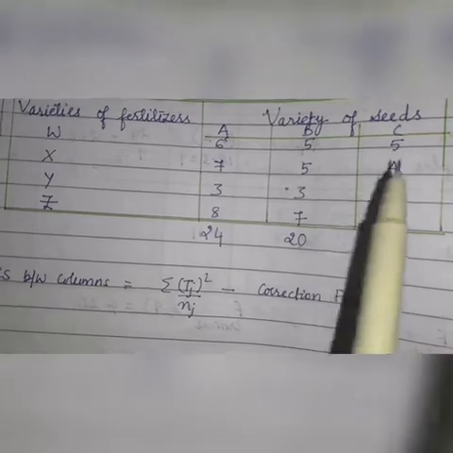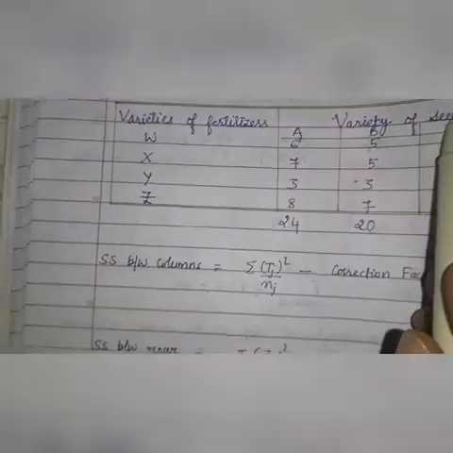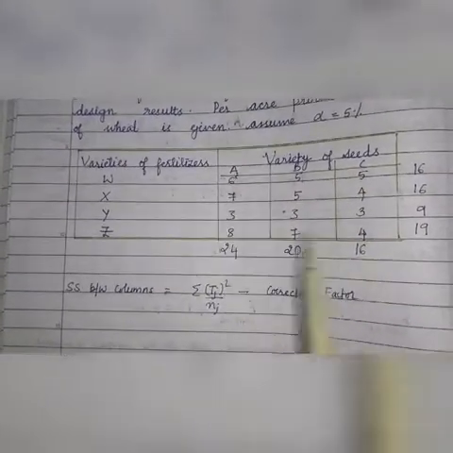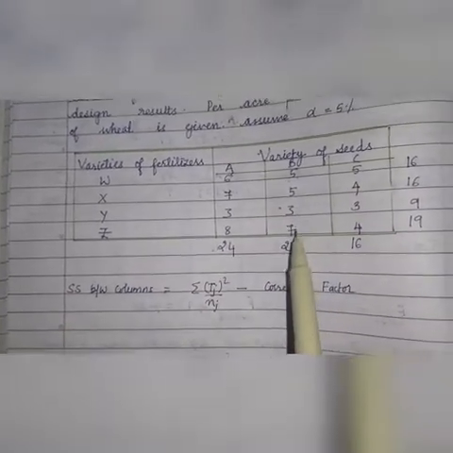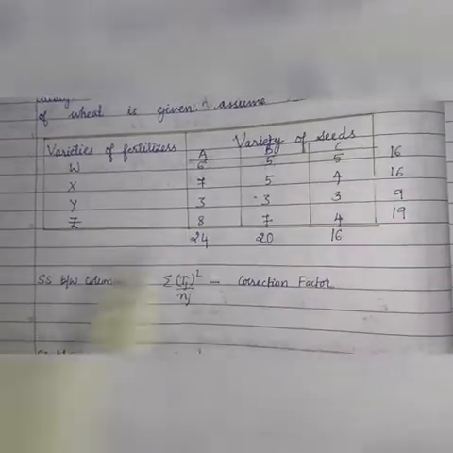What is T? T is the sum of the total observations: 6 plus 7 plus 3 plus 8, 5 plus 5 plus 3 plus 7, 5 plus 4 plus 3 plus 4, which is equal to 60.